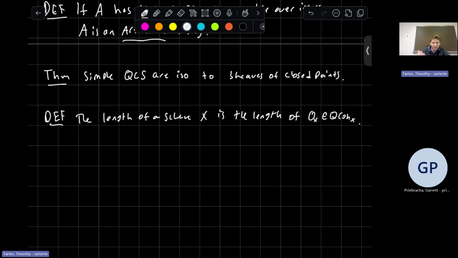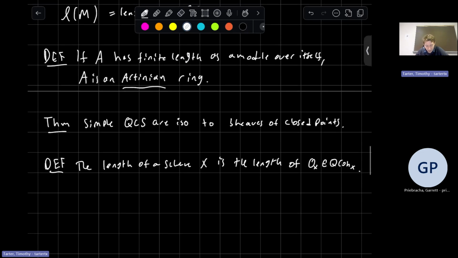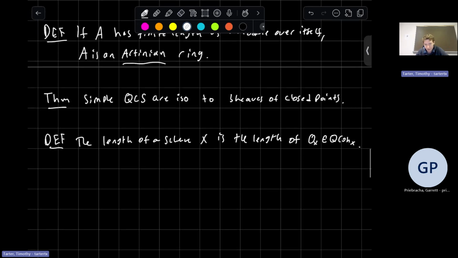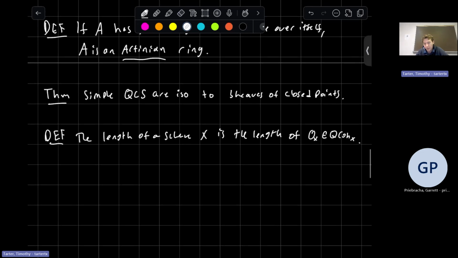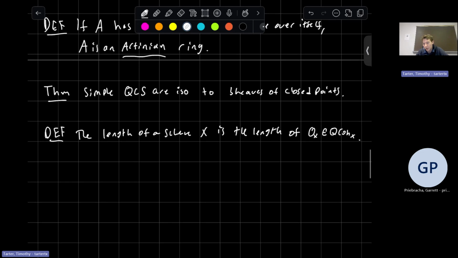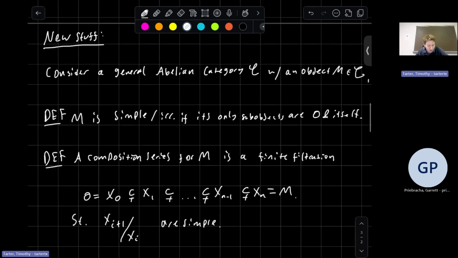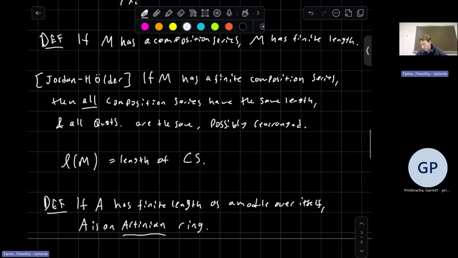And then, of course, this extends our idea of an Artinian ring, but a scheme is Artinian if its structure sheaf is an Artinian ring in the quasi-coherent category. Right. And so all of this is chapter 6.5.